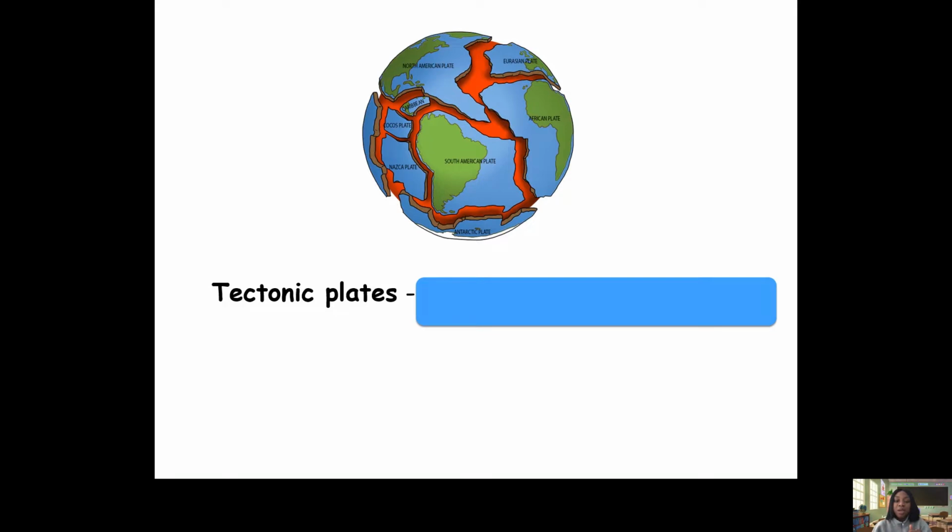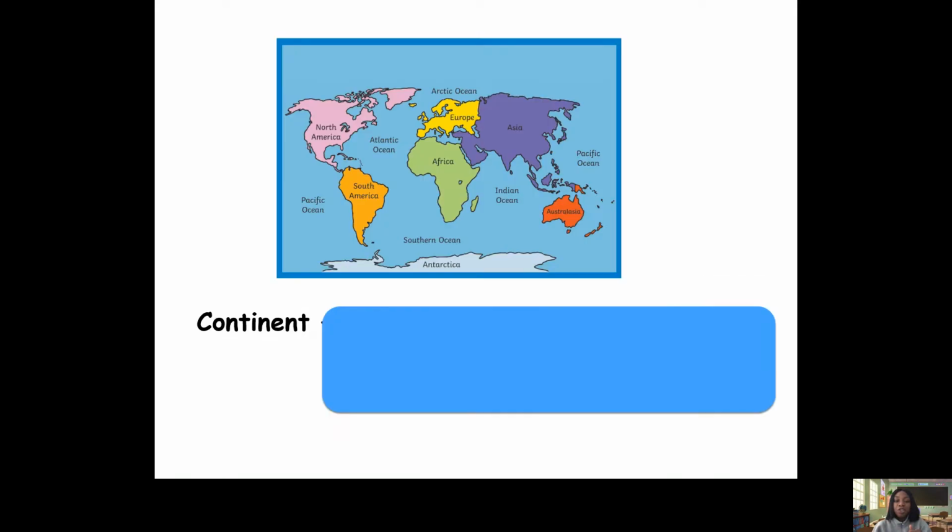We're going to go on to the next word now, so I'm going to introduce it to you. The word is called continent. Pause the video now and have a guess of the definition of the word continent. Okay, a continent is one of the world's 7 huge land masses. So all a continent is, is a huge area of land.